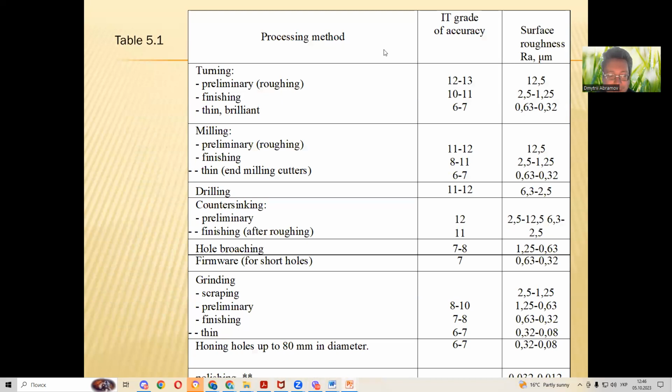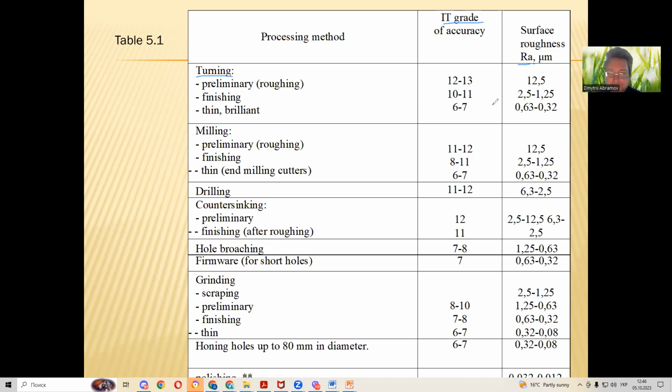You can see on your screens this slide with table 5.1. You can see the processing method, for example, turning or milling or drilling, grinding, etc., IT grade of accuracy and surface roughness with parameter Ra in micrometers.